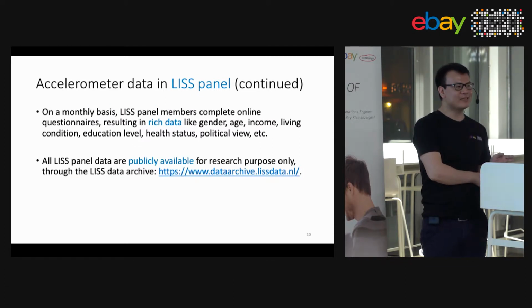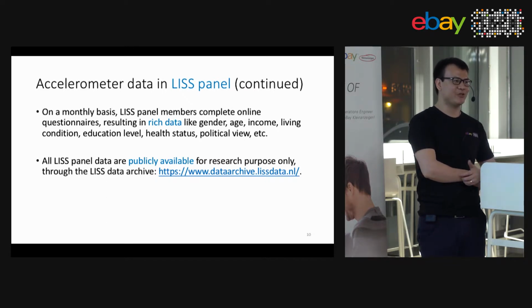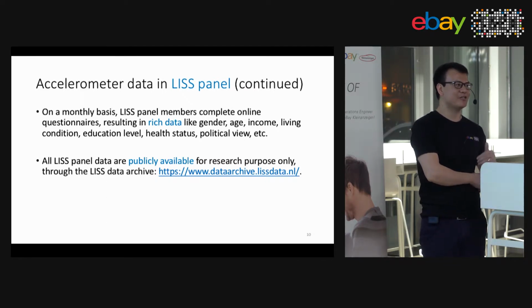But this panel does collect a lot of interesting data, and it is publicly available for research purposes only. So if you're a researcher in Germany, you can still make use of the data. You simply go to this link and ask for access, and you can use it for free for research purposes.